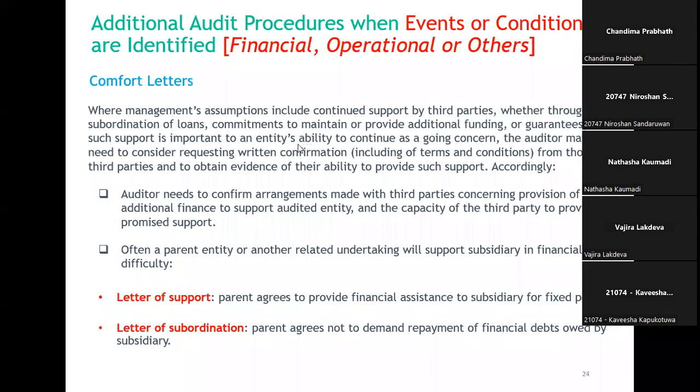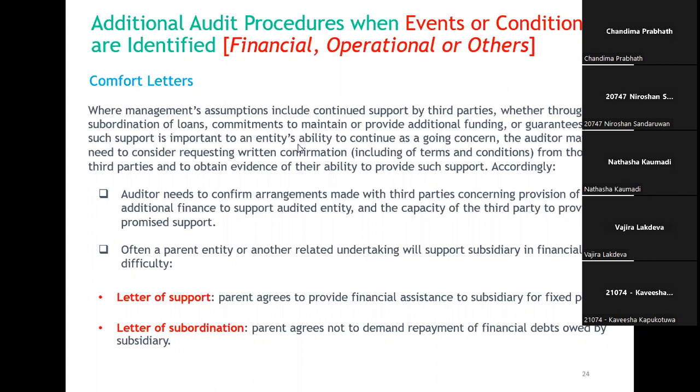Now, comfort letters. In the examples we also discussed the letter of support. There are two types: letter of support and letter of subordination, where management assumptions include continued support by third parties, whether through the subordination of loans, commitments to maintain or provide additional funding, or guarantees, and such support is important to an entity's ability to continue as a going concern.